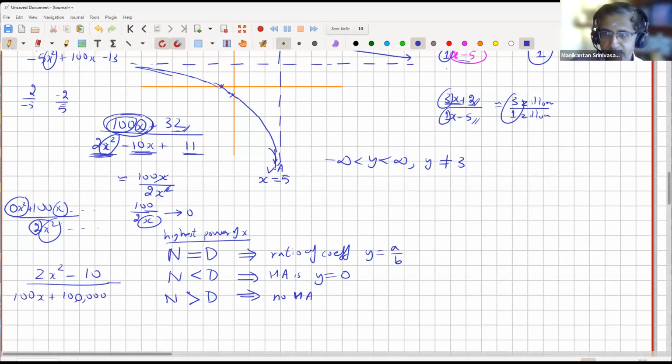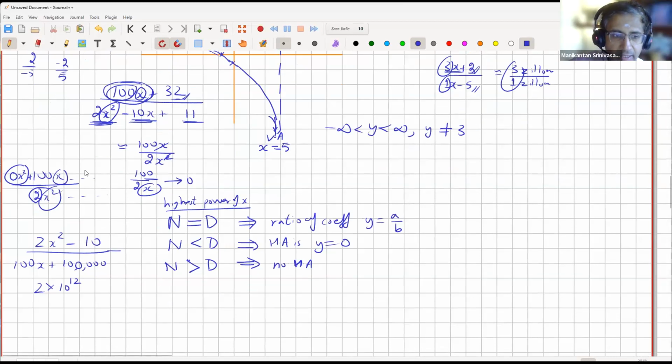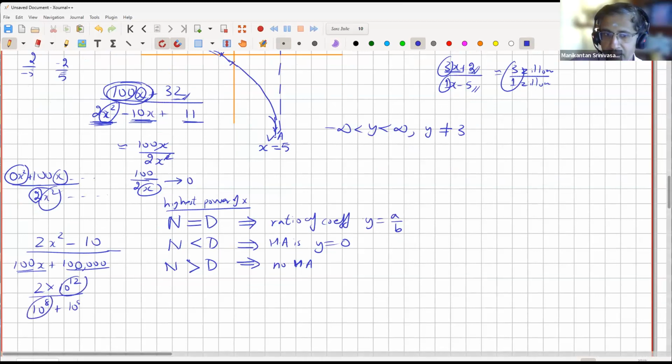But as x becomes bigger and bigger, let's say x is 1,000,000, this is 2 into 10 power 6 whole power 2, which is 2 into 10 power 12. And the denominator is 100 into 10 power 6, which is 10 power 8, and this other term is very small, only 10 power 5. So practically, it's going to be the 10 power 12 and the 10 power 8 competing, which is 10 power 4, which is essentially infinity.